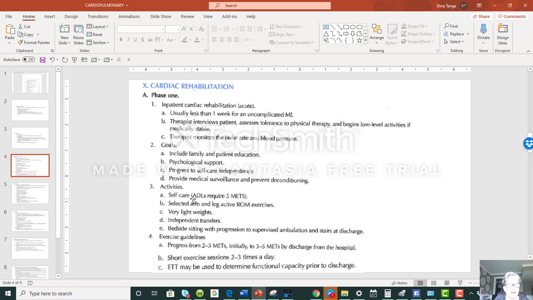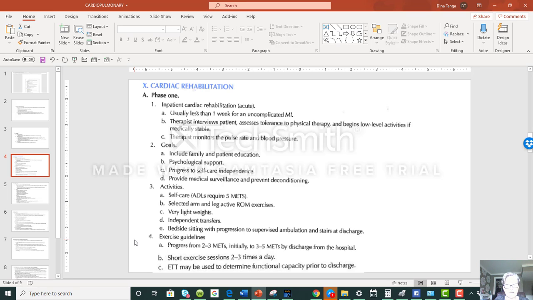Activities: you would do self-care ADLs that require 5 METs, selected arm and leg active range of motion exercises, very light weights, independent transfers, bedside sitting with progression to supervised ambulation and stairs at discharge.